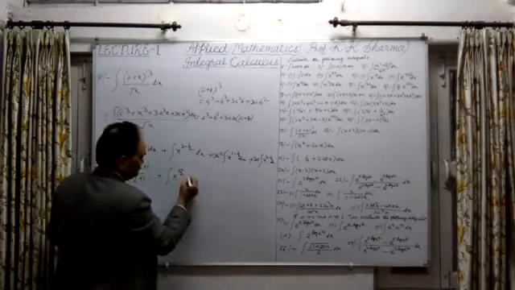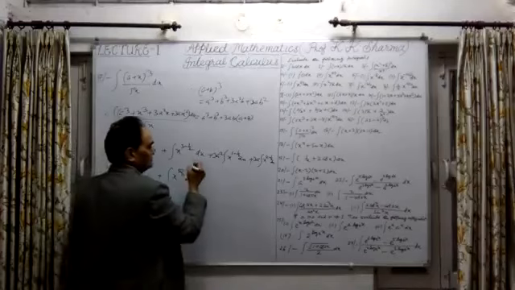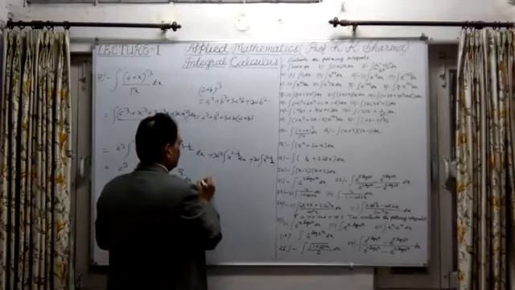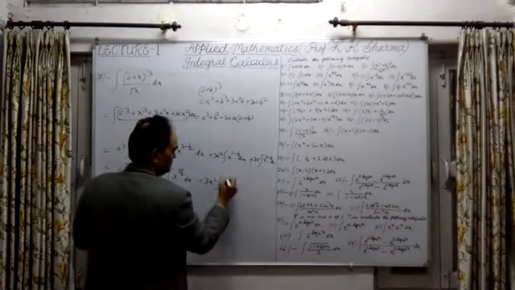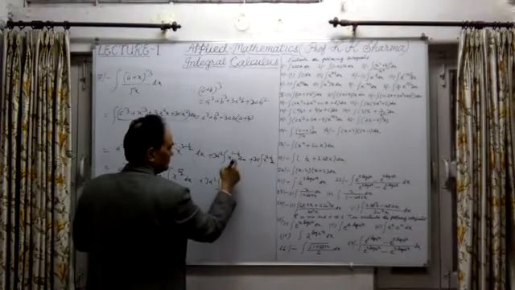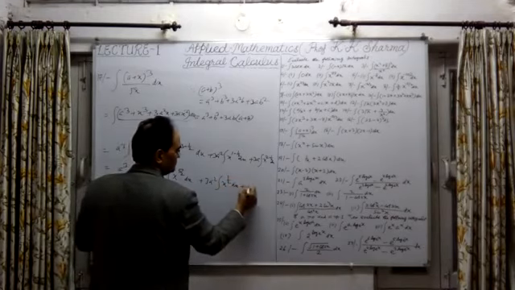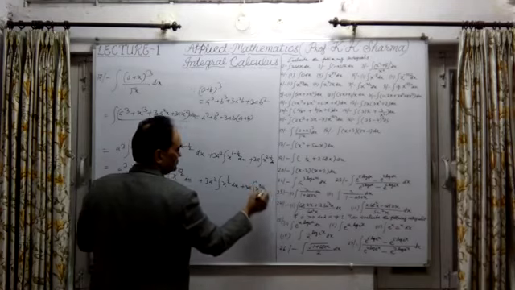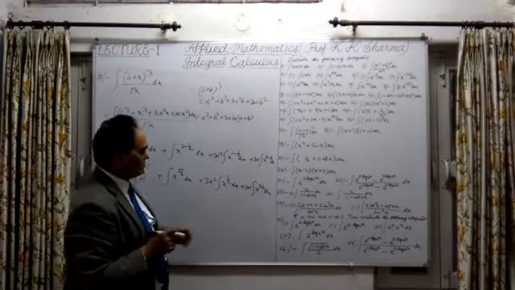It is 5 by 2 power, positive, that means 2 and a half, because 3 minus half is 2 and a half, into dx, plus 3a square x to the positive half, 1 minus half is half, into dx, plus 3a integration of x to the power 3 by 2, because 2 minus half leaves 1 and a half.